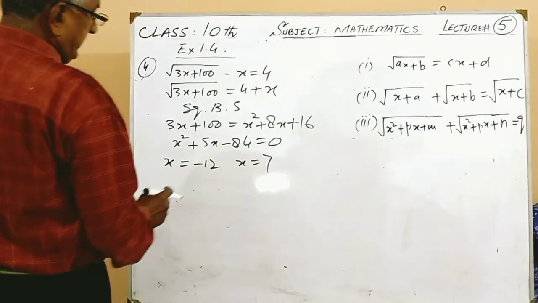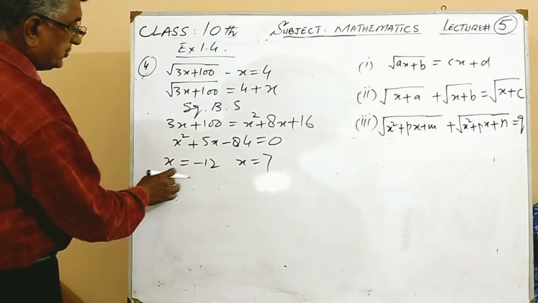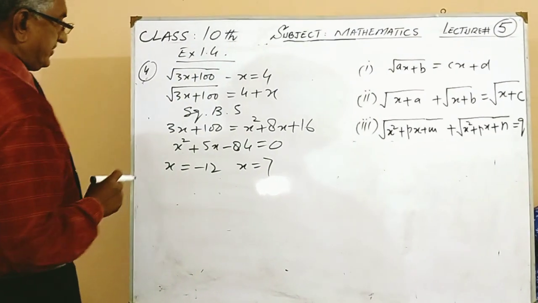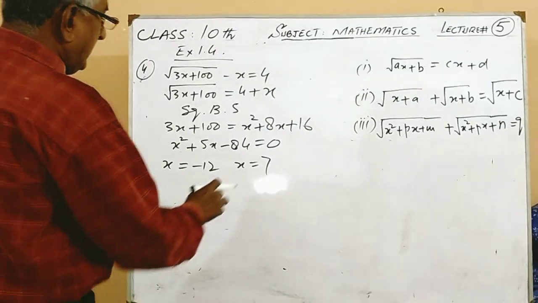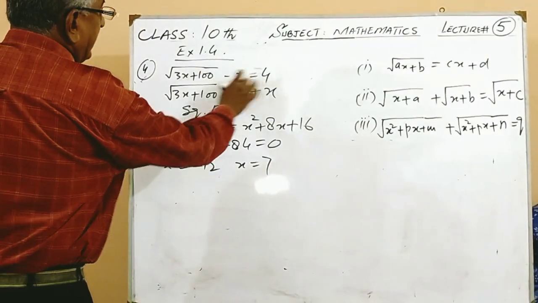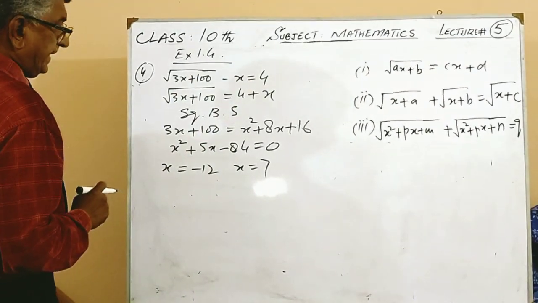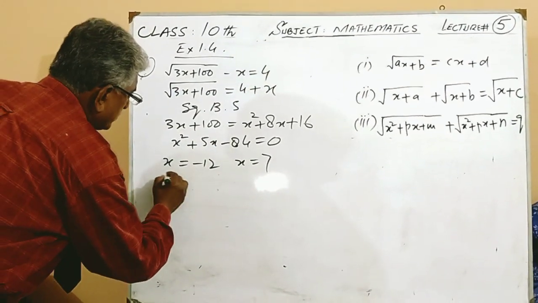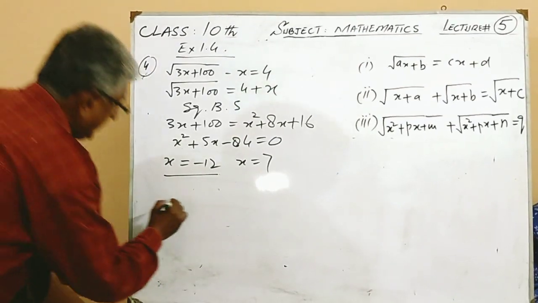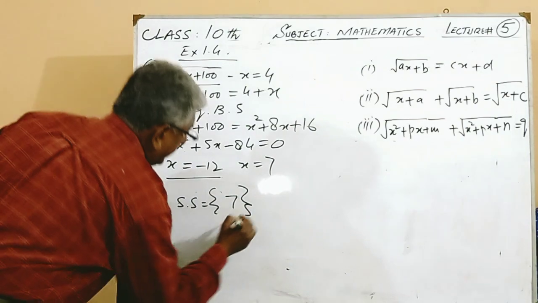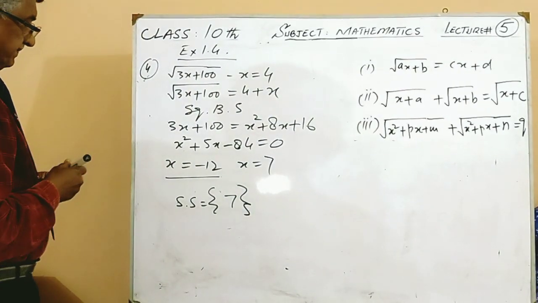If you check these roots by putting these values in the original equation, you will see that x is equal to 7 will satisfy this equation, whereas this will not satisfy this equation. It means this root will not be included in the solution set, whereas 7 will be included in the solution set.